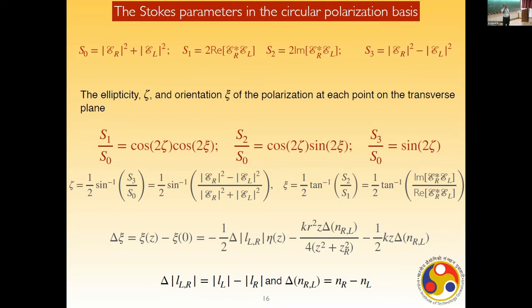Like in free space, if a cylindrical vector beam propagates through the medium, then it will not rotate. And the same cylindrical vector beam, if you propagate through a medium with a refractive index n_R not equal to n_L, then you will see that it can rotate. So by changing the refractive index, you can manipulate the rotation of the polarization.